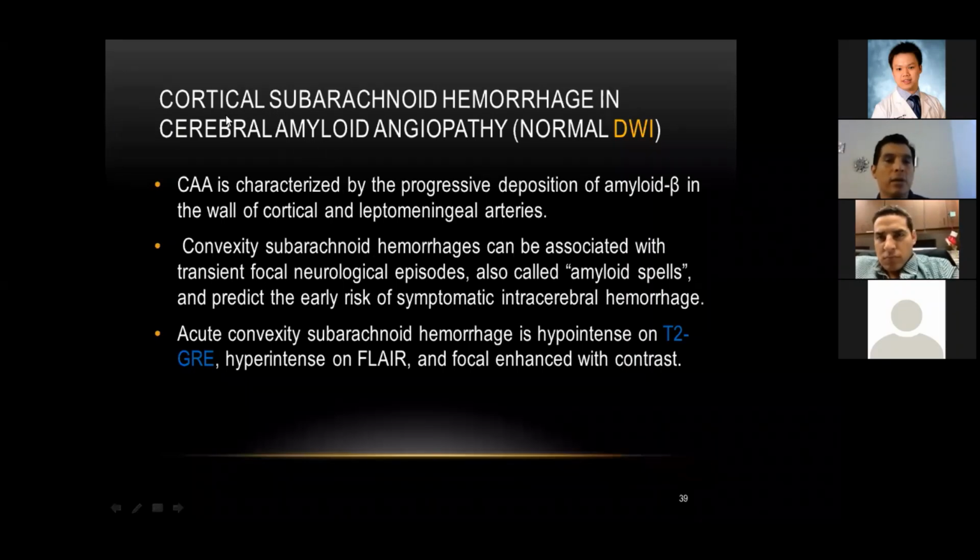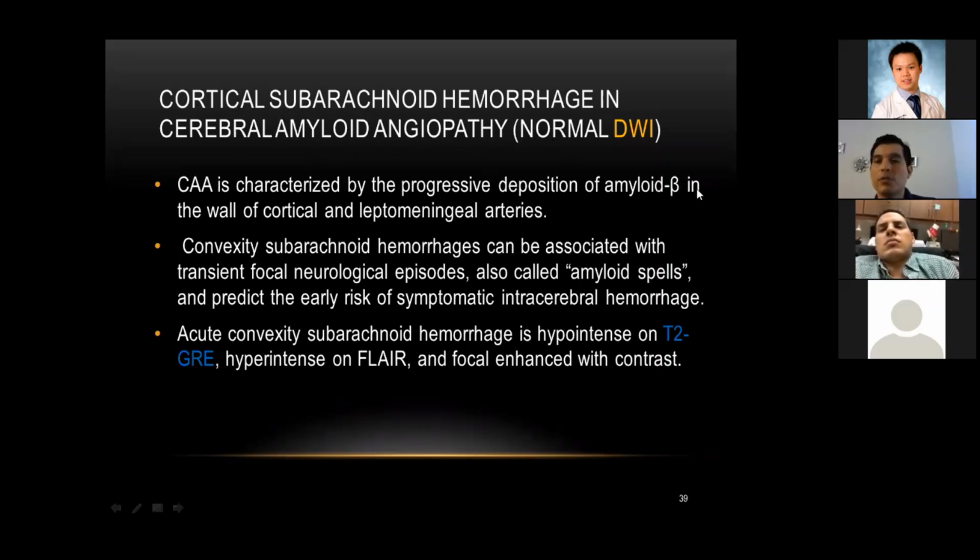And this is another pathology when DWI is normal. In this case, cortical subarachnoid hemorrhage in the context of cerebral amyloid angiopathy.